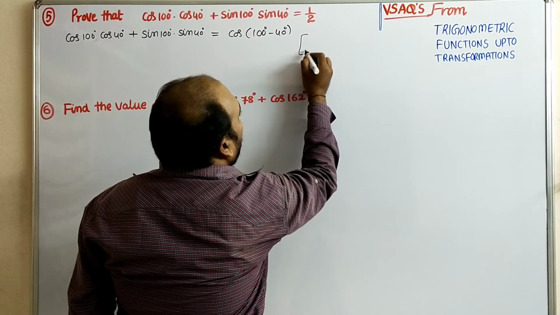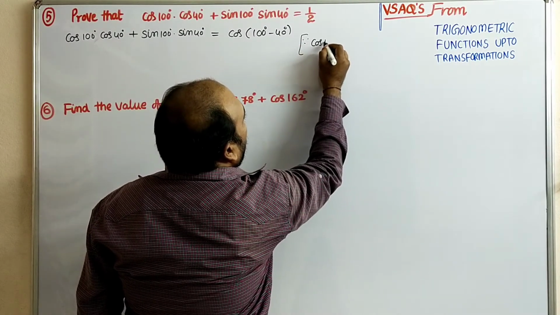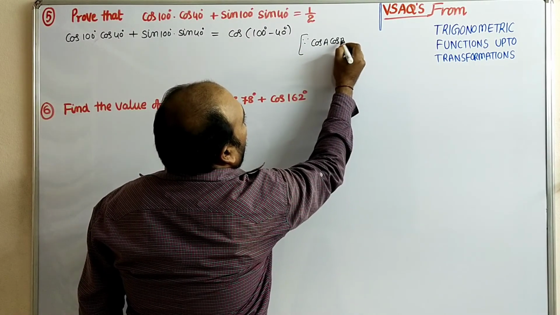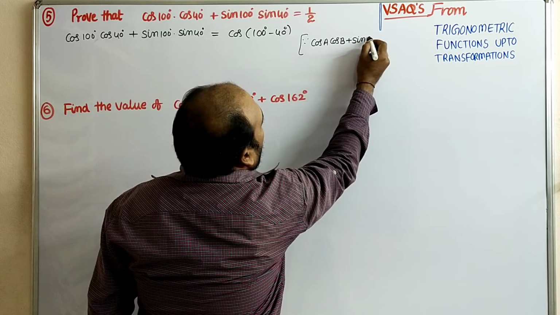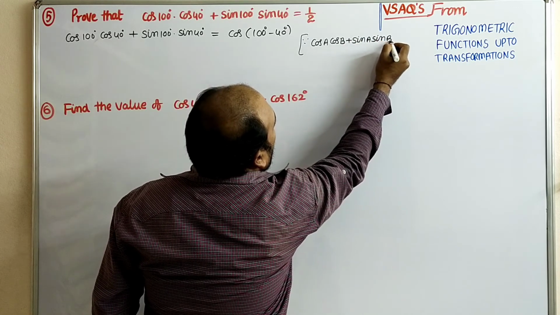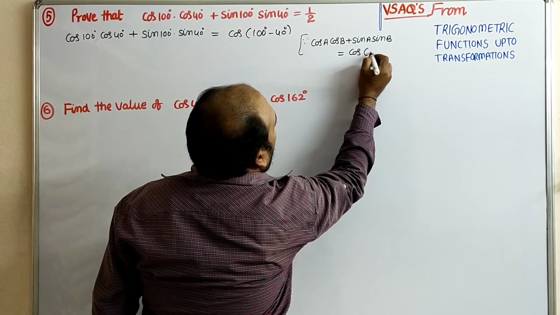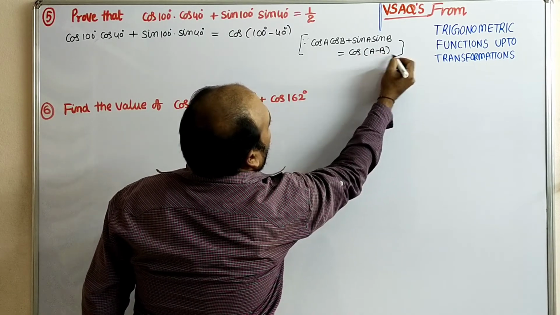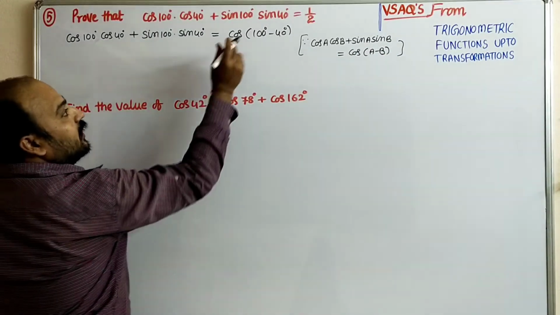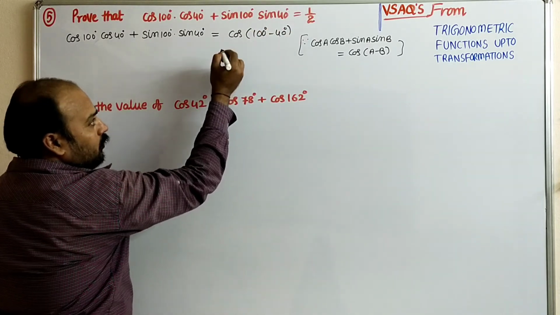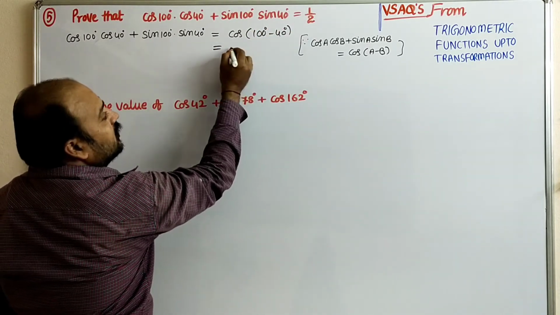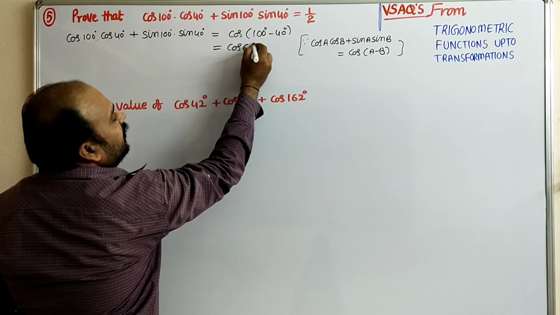Here we are going to apply the formula cos A cos B plus sin A sin B, which is equal to cos of A minus B. By applying this formula, A is equal to 100, B is equal to 40. Cos of 100 minus 40, cos 60. What is cos 60? 1 by 2.